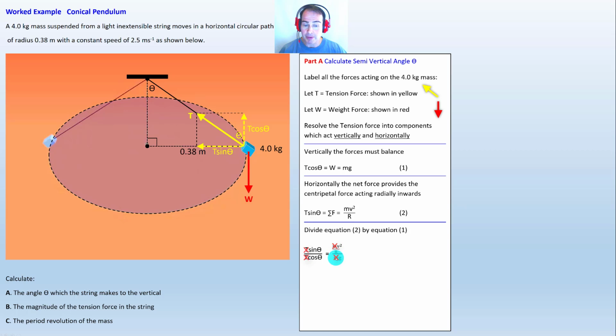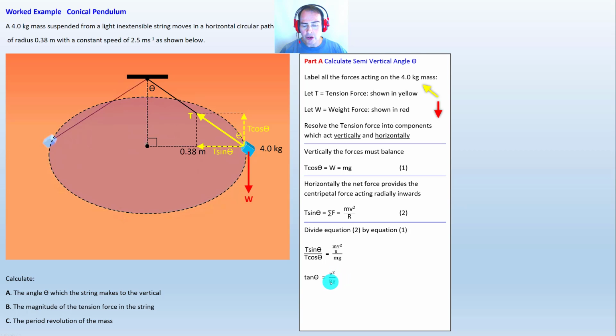We do know the mass. It doesn't matter though, since it cancels off. And when we cancel these off, T sine theta over T cos theta becomes tan theta, sine over cos being equivalent to tan. So we end up with tan theta equals v squared over r, and the g can come up here. The masses having cancelled leaves us with tan theta equals speed squared over radius times gravitational field strength.